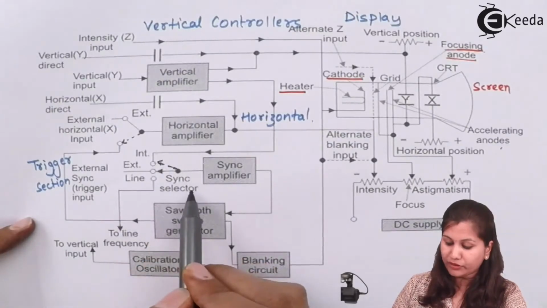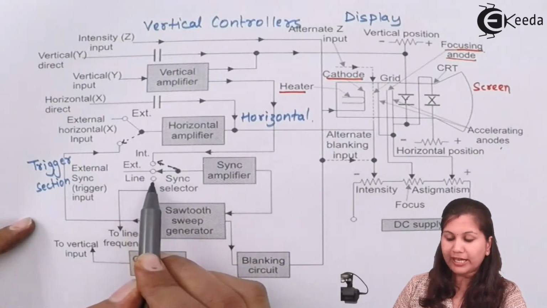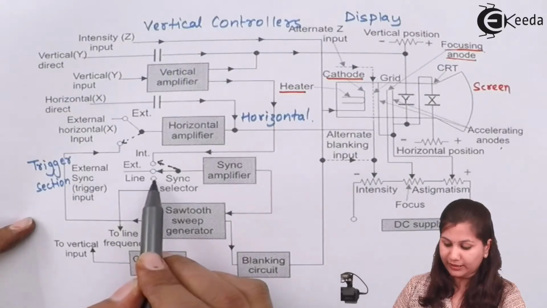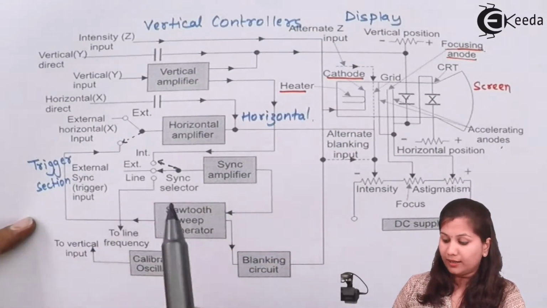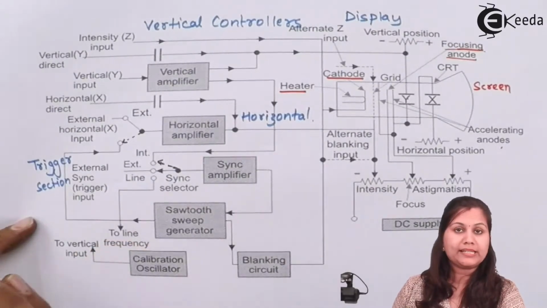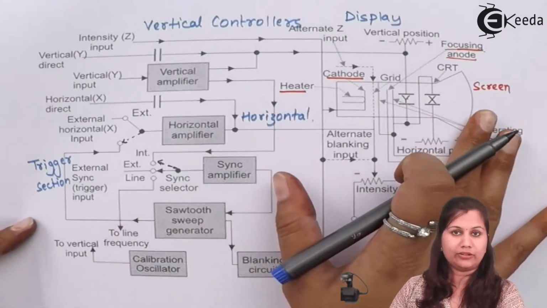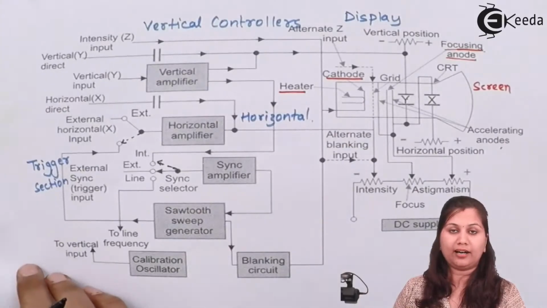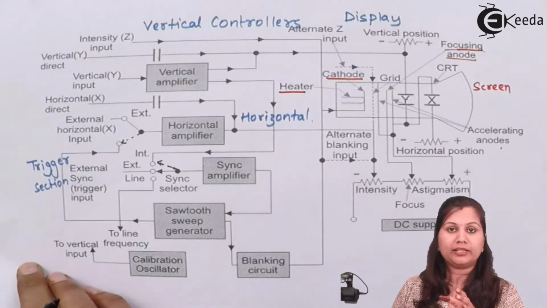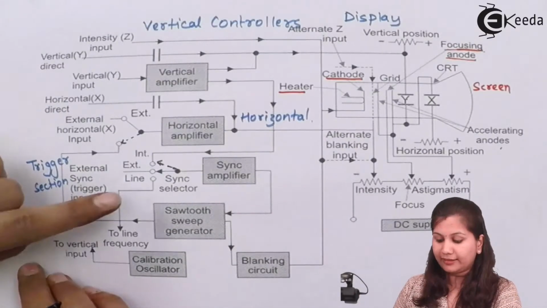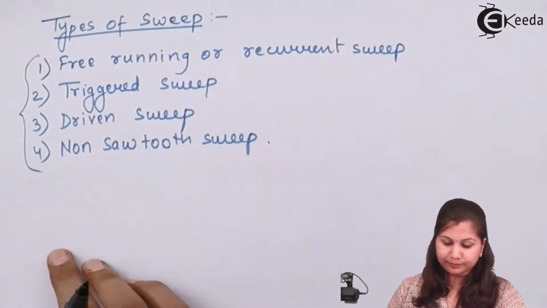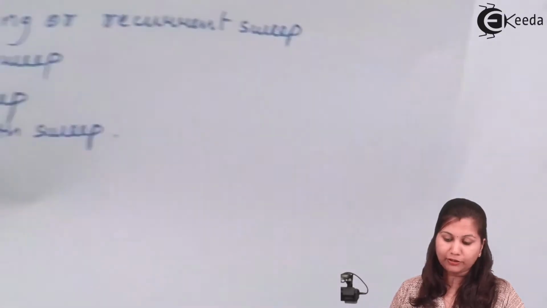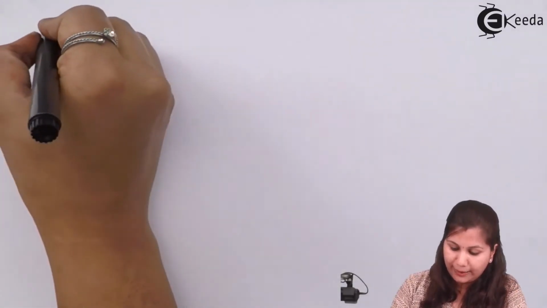With the help of this selector switch we can choose any of these three types, and this synchronization allows the input pattern to be stationary on the screen. If we want our displayed waveform to be stationary on the screen, then this synchronization is necessary. So the next part of this horizontal controller is the synchronization amplifier.